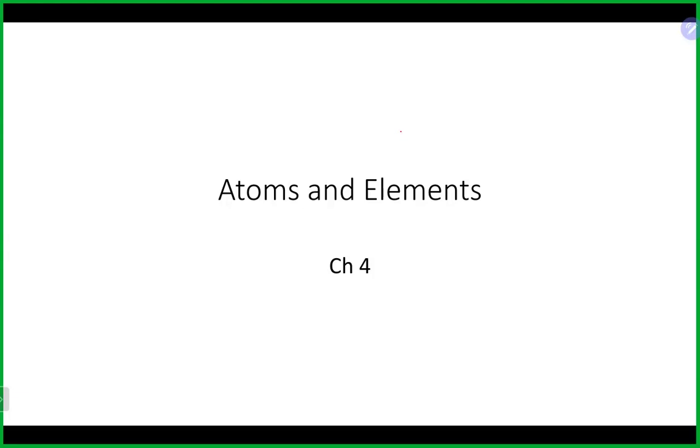In this chapter, we're going to talk about atoms and elements, as it says. So we will talk about elements and symbols and formulas. We will also talk about atoms. We're not going to go into great detail, but we'll talk a little about some experiments that helped us understand the structure of the atom a little better.